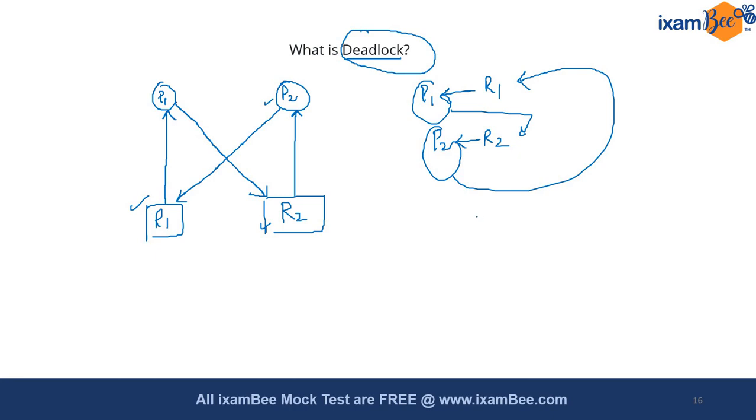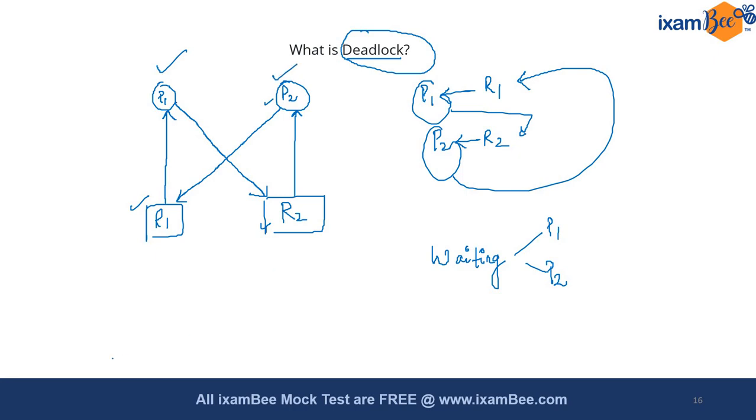If a process is holding a resource and requesting for another resource which is held by another process, then waiting will occur. Every process, P1 here and P2 here, has to wait because R1 and R2 are not free. Now when they are waiting, one for the resource held by the other process and the other for the resource held by the first, this particular situation is called deadlock, where neither P1 nor P2 can move further.